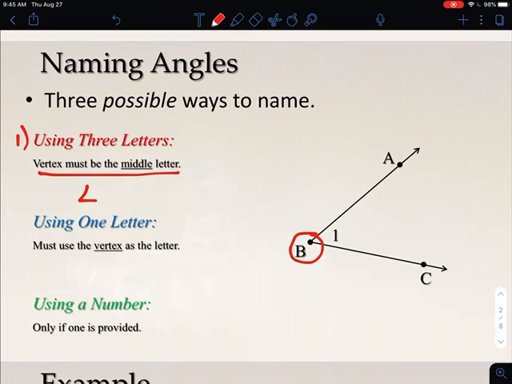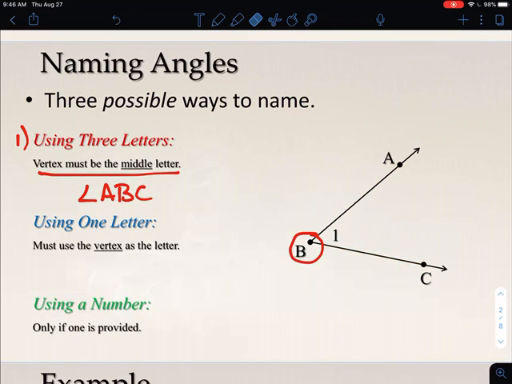When I want to name an angle, I need the angle symbol. Then I'm going to pick the 3 points, but I have to do it in such a way that B happens in the middle. Typically I just pick a point to start at. So I start at point A, I travel to point B, and then I travel out to point C. That's the direction my angle goes. So angle ABC.